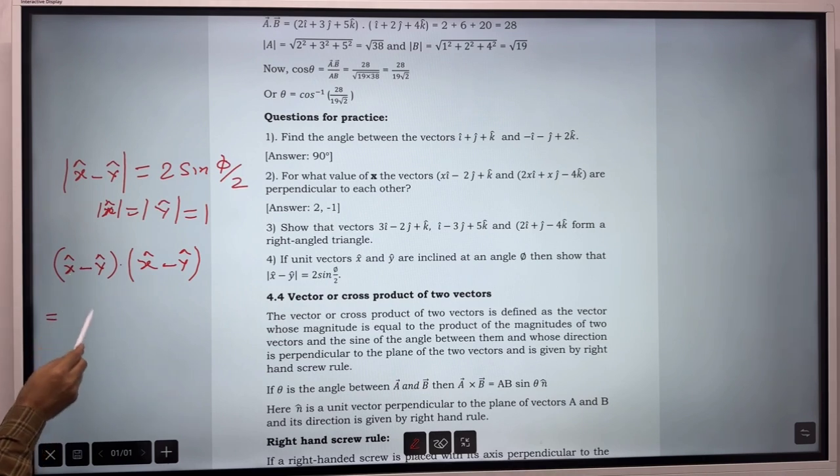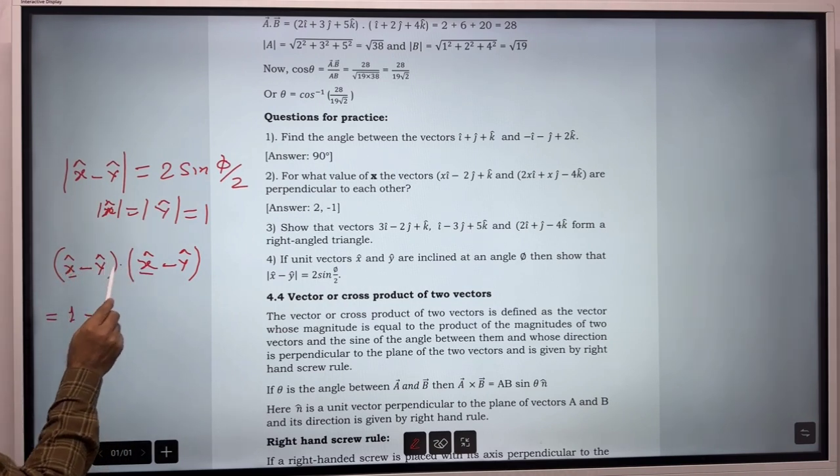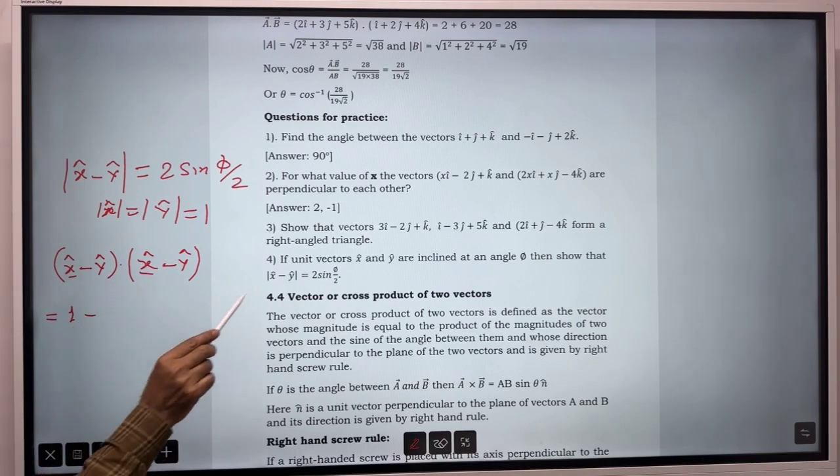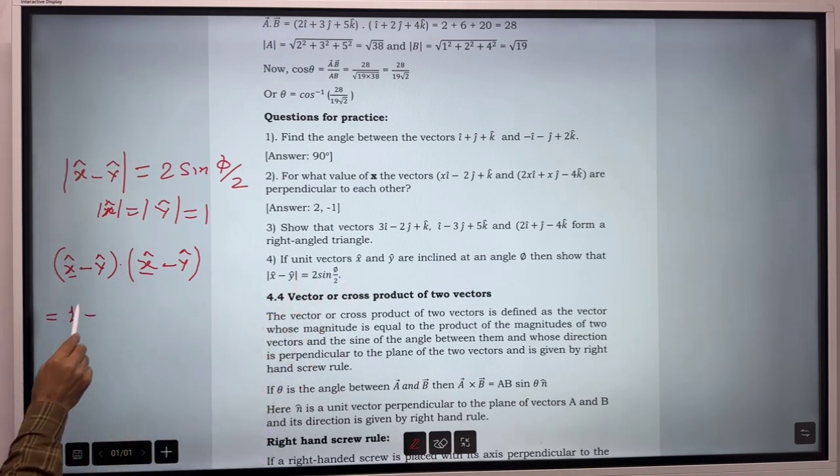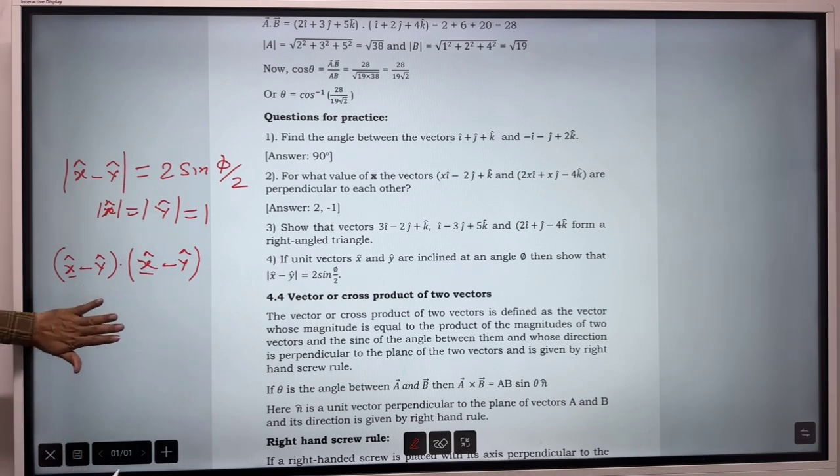X dot x, same vectors, so this will give 1 because this is a unit vector. So we have got 1 minus another xy. Since they are inclined at angle phi, we could write a formula with 1 square plus 1 square, but I think it will create confusion.